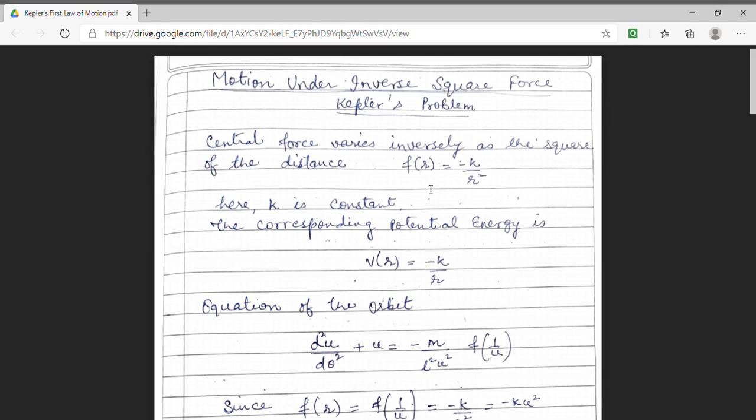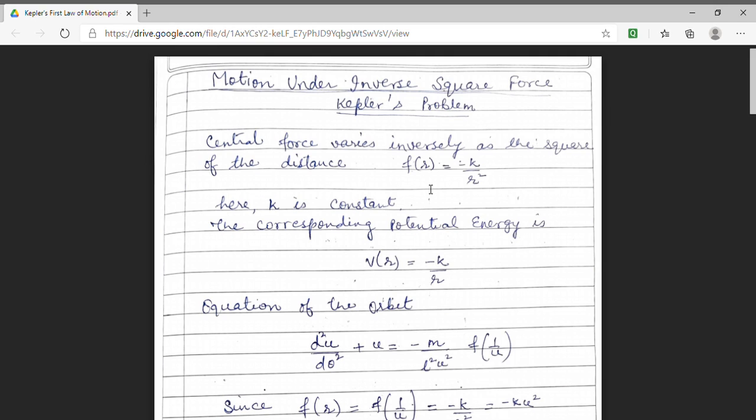Now since we know our force, we can derive our potential energy. Since V can be derived from the integral of force, V is equal to minus integral of force with respect to dr. So we can obtain our potential energy as V(r) equal to minus k by r.